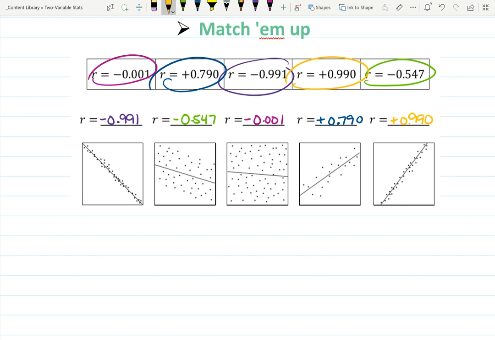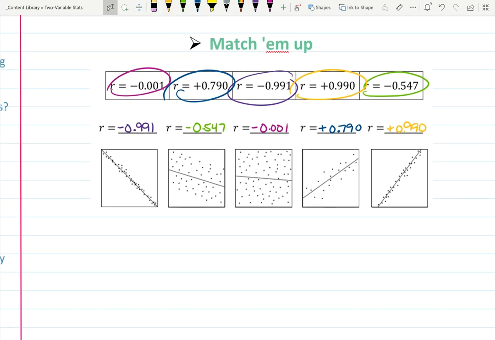Now, this is usually something that I like to have a nice class discussion about, but I don't know how we're going to do that. Just because there is a correlation between our x and our y, just because there is a strong correlation, that does not imply causation. Let's take this one right here. This is a pretty strong positive correlation. Now let's put an example to it.